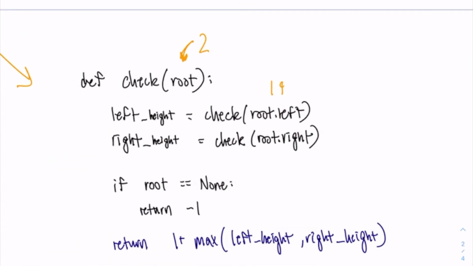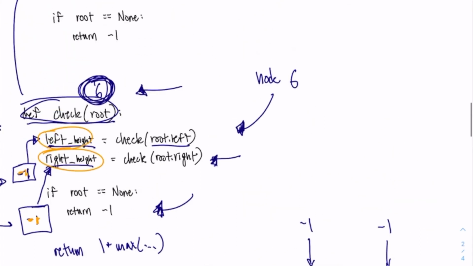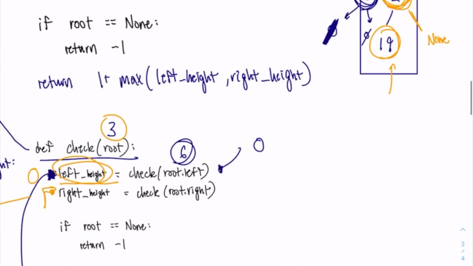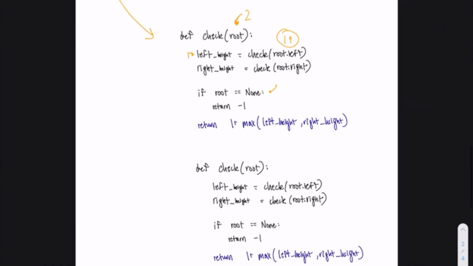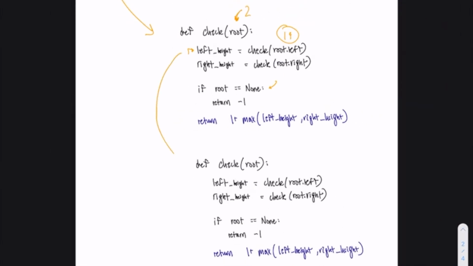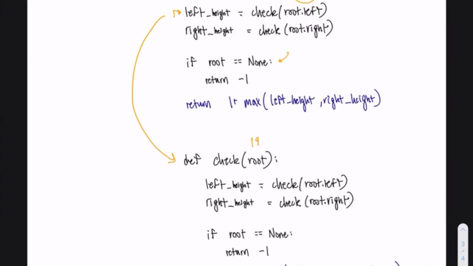So we can say left height is equal to check root.left. Root.left is node 19, and since it's not none, we can't return a value for left height. So we delve into left height again by creating a check root statement with 19 being the root.